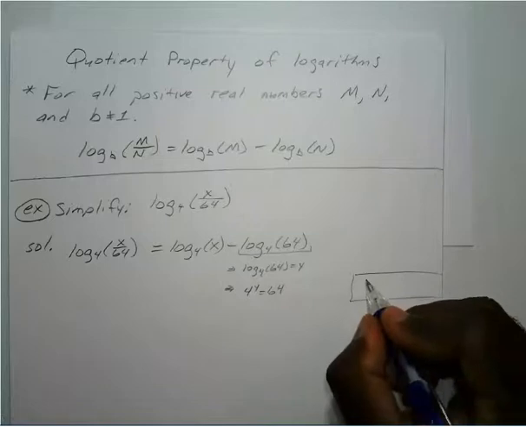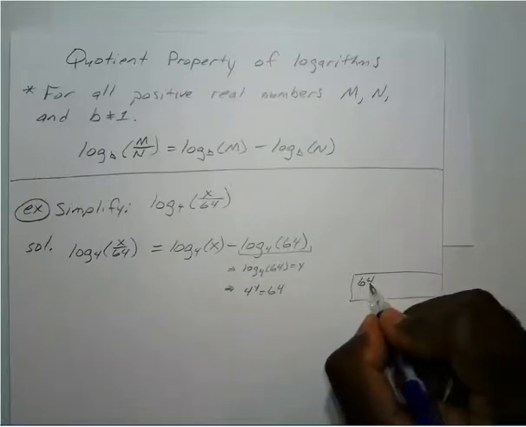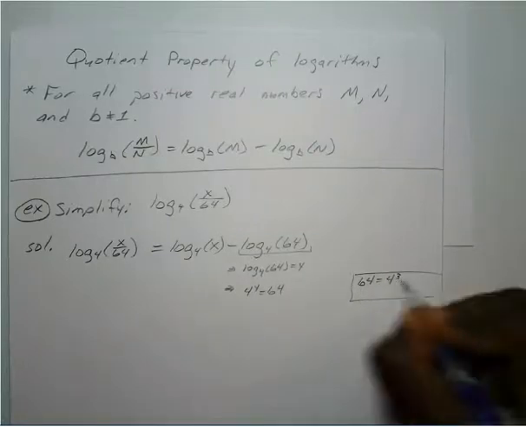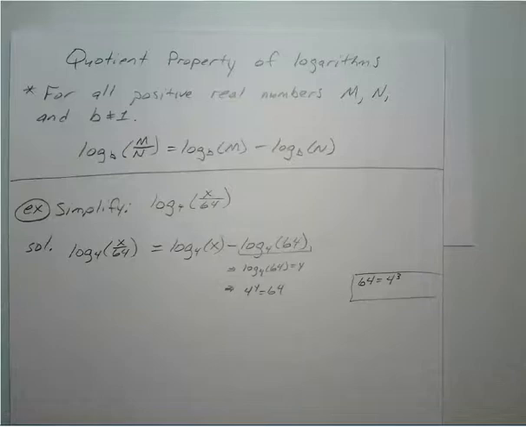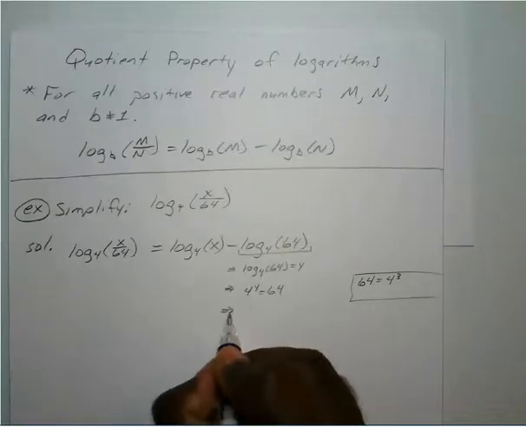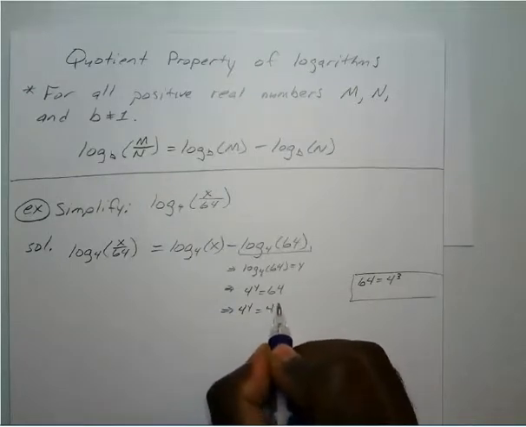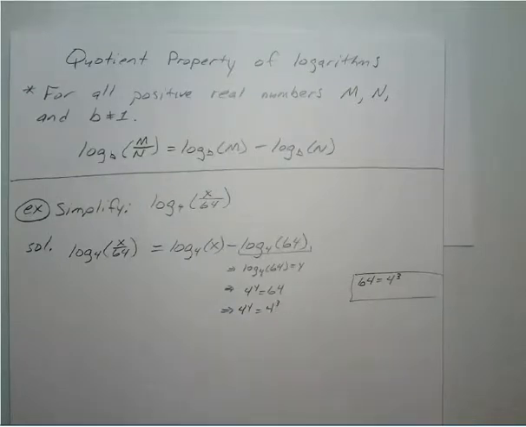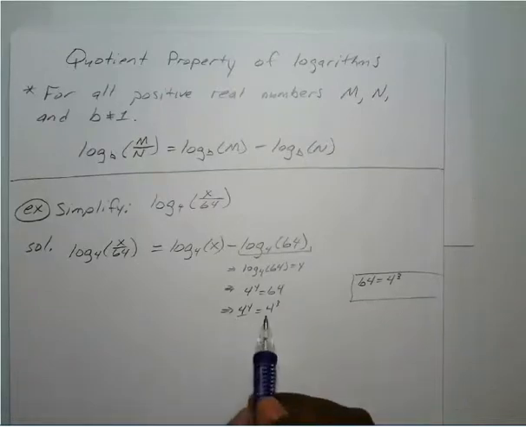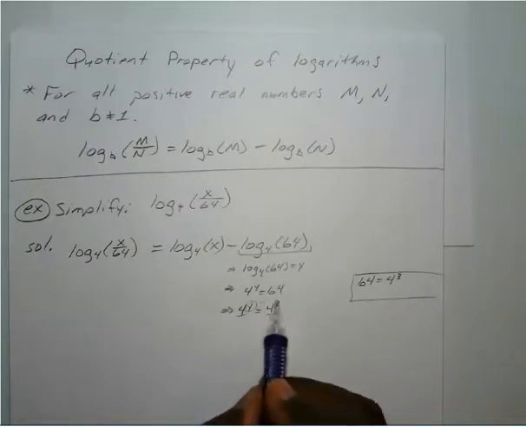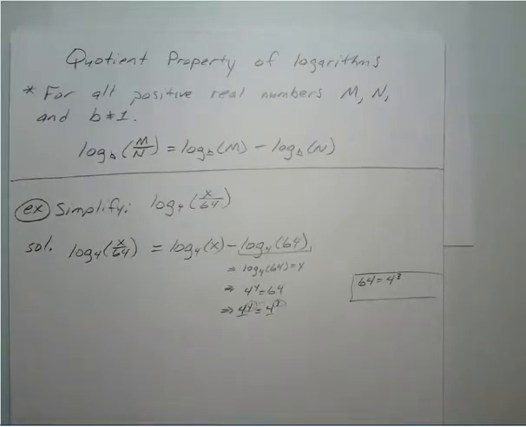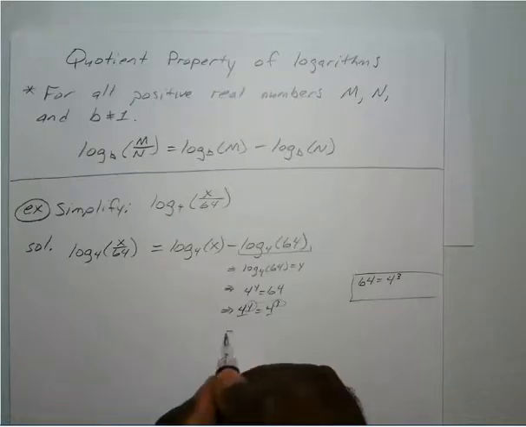One thing you want to notice is that 64 is 4 to the third power. So we rewrite this as 4 to the power of y equals 4 to the third power. Our bases are the same, so that means our exponents have to be equal for this to be true.